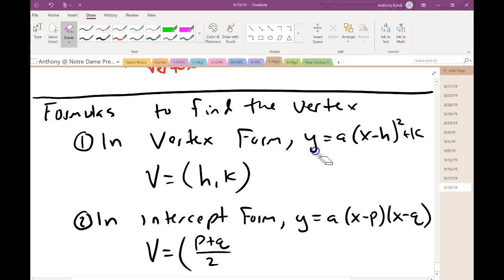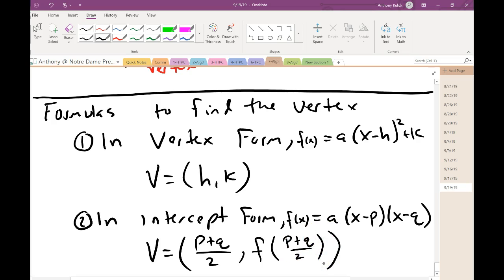Oops. I should define these not as y's. I should call these f of x's. And the only reason I'm doing that is it makes the notation that I'm about to use a little bit more convenient. So when I write like f parenthesis and then a number, what does that mean in function notation?